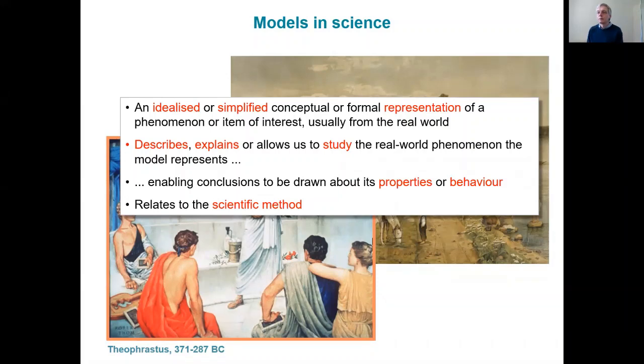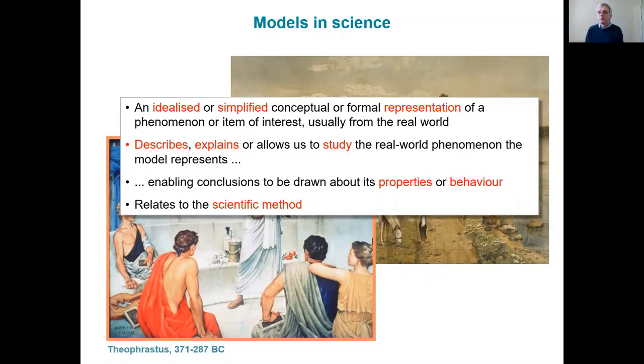It may be conceptual, it may be mental, it may be more or less formalized. But the purpose again is to describe, explain, or allow us to study that real world phenomenon through the ability of the model to simplify, generalize, to find the essence of that relationship, for example, where we find a plant that's useful for us as a food source.